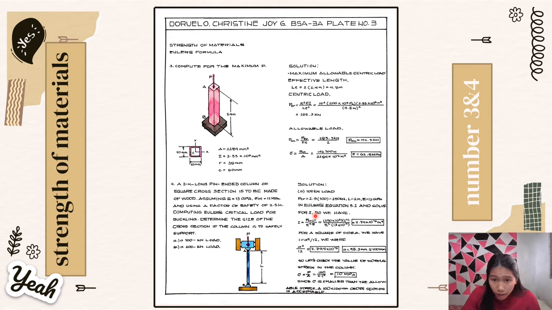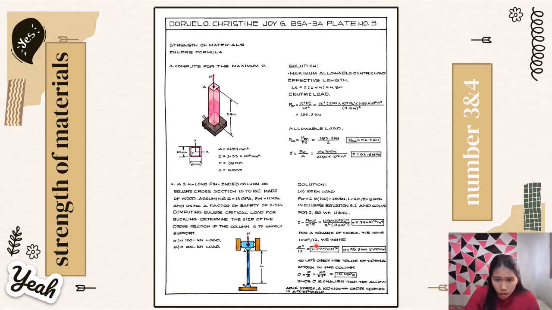So, in Euler's equation 5.2 for I, we have I is equal to Pcr L raised to 2 all over pi squared E, is equal to 250 times 10 raised to 3 times 2 raised to 2 all over pi squared times 13 times 10 raised to 9. So the answer is 7.794 times 10 raised to negative 6 meter raised to 4.